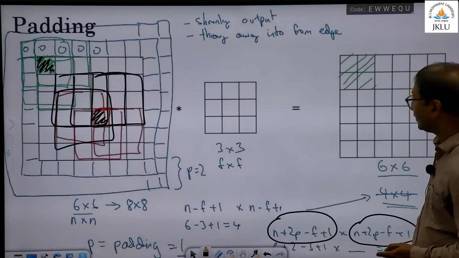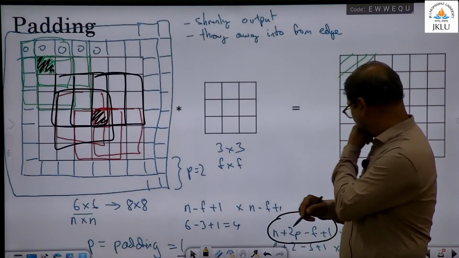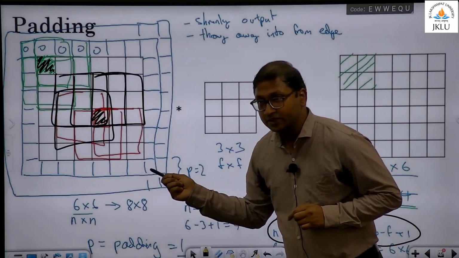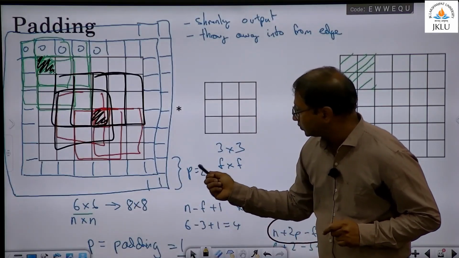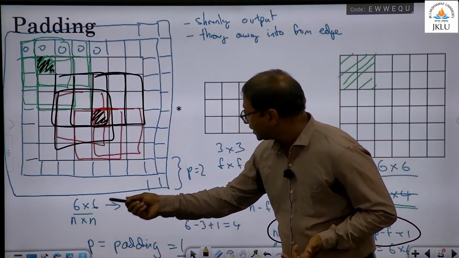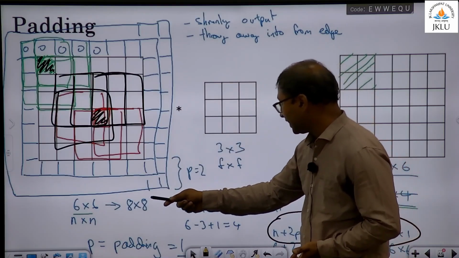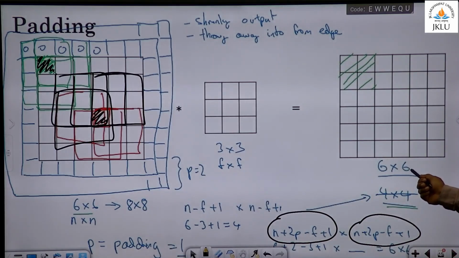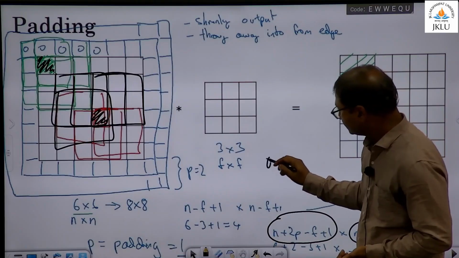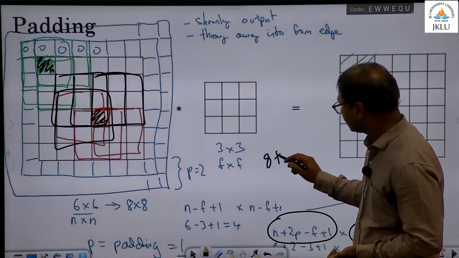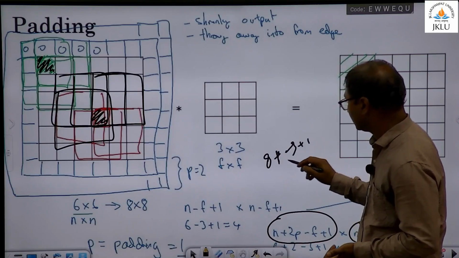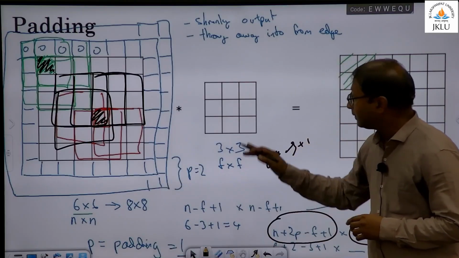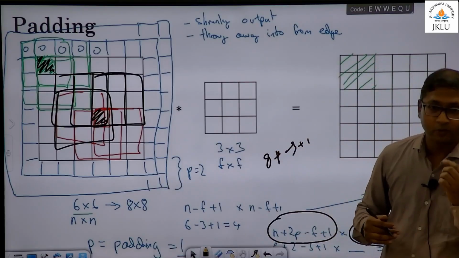So for example, if we talk about this, 6 cross 6 was the original image, P equal to 1 will give you 8 cross 8, you take convolution, that will give you 6 cross 6, is that right? 8 minus 3 plus 1, right? So what will be same padding in this case? P equal to 1.